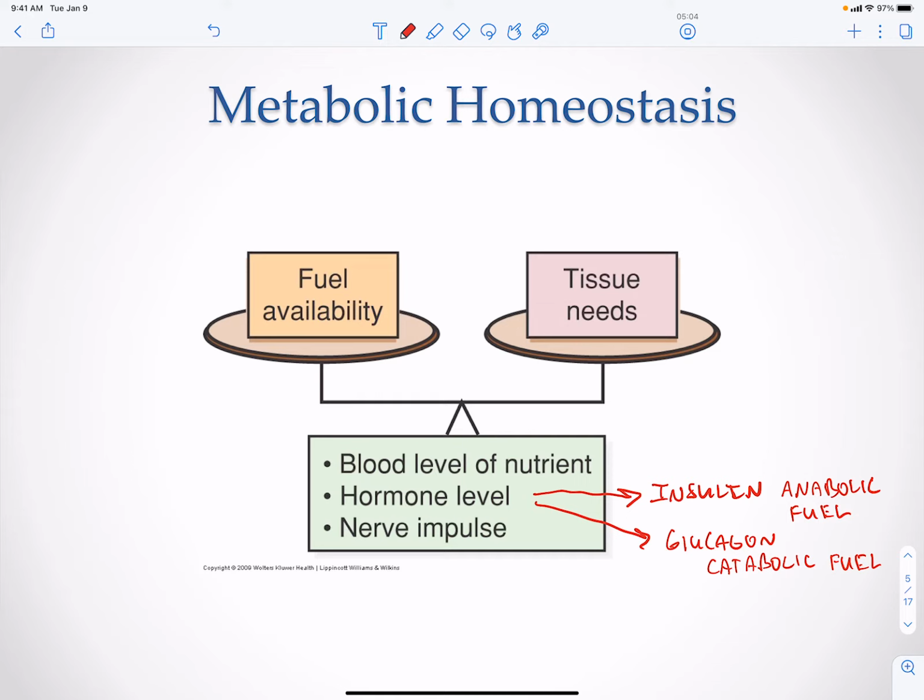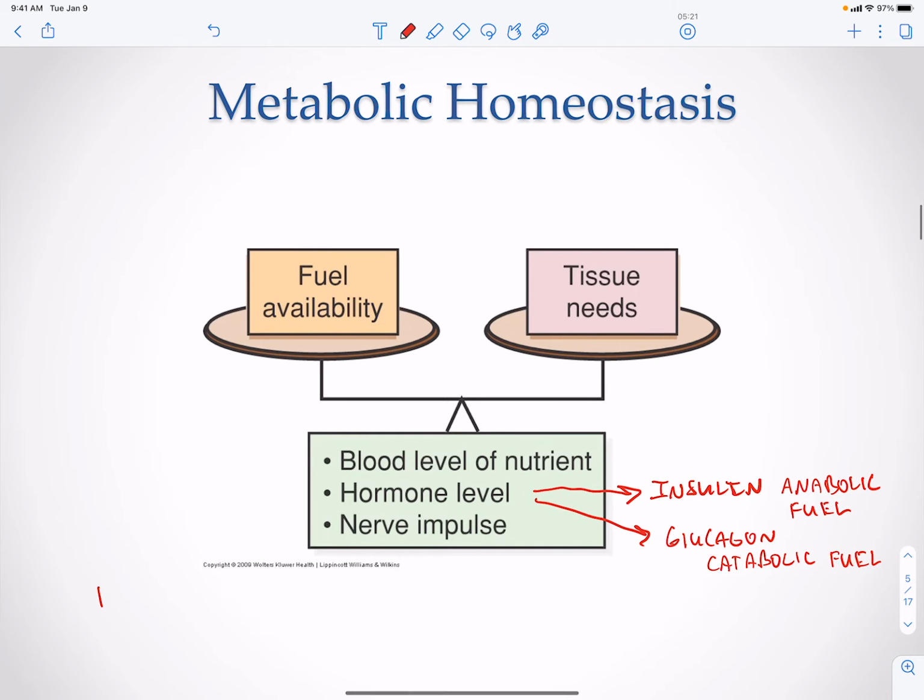You can have input directly to muscle from your acetylcholine receptors, and this will promote movement, and that can also trigger different mobilizations of fuel. So we have epinephrine and our other hormones that are going to be released.